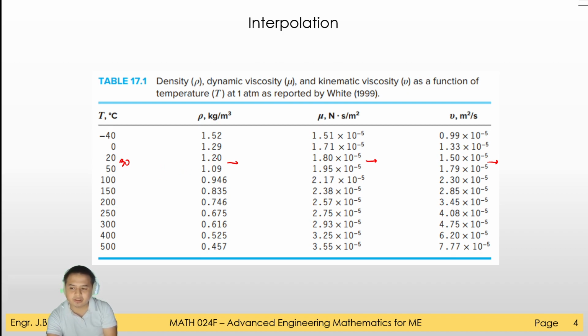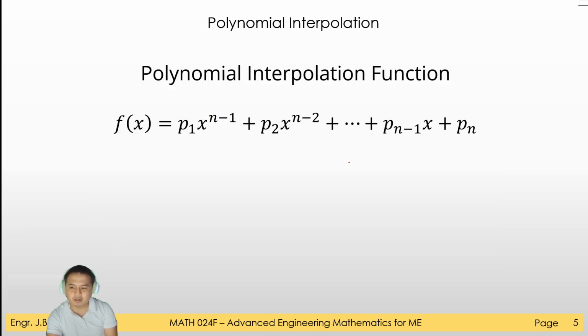So you can find the density, the dynamic viscosity, and the kinematic viscosity. We can take this further, and instead of a line, we can imagine a parabola, a cubic function, or a higher polynomial function that represents this interpolation in between these two points.